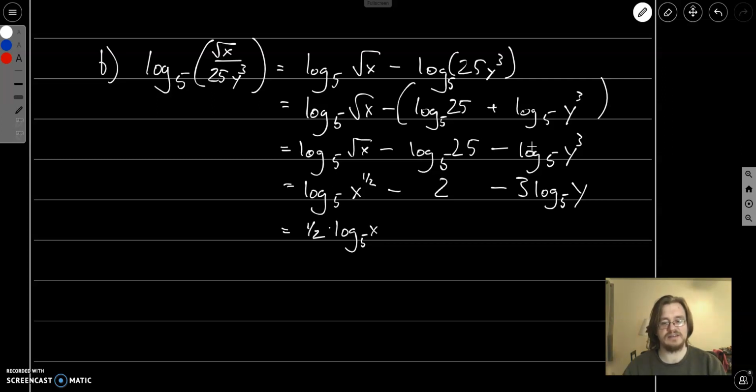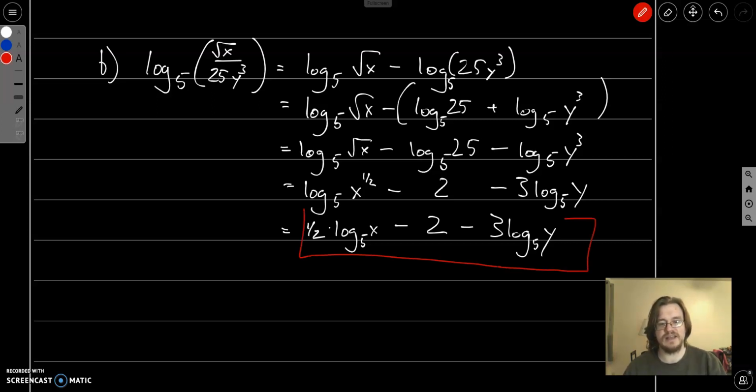I can bring that exponent down. Minus 2 minus 3 log base 5 of y. I can't simplify log base 5 of x, log base 5 of y, and this is our final answer. This is as expanded as we can make this.